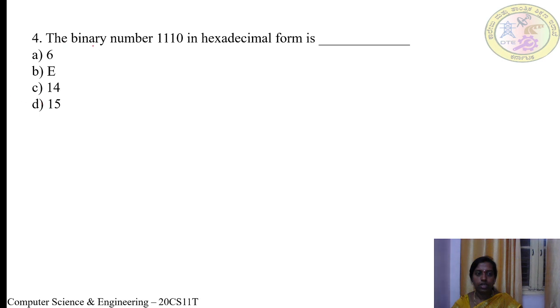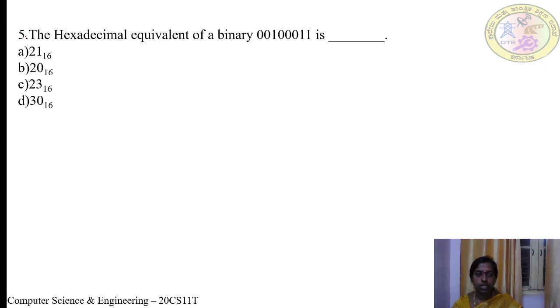Next, the binary number 1110 in hexadecimal form is A, 6, B, E, C, 14, D, 15. Answer is B, E. Next question. The hexadecimal equivalent of the binary number 00100011 is A 26 base value 16, B 20, C 23, D 30. Answer is C, 23.